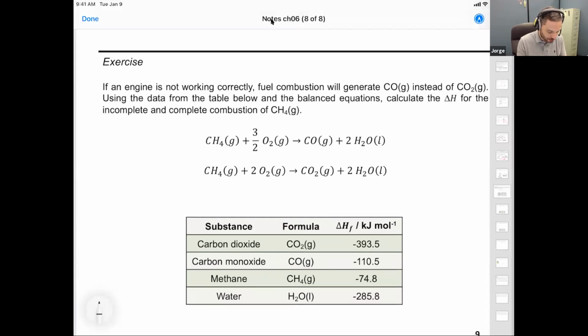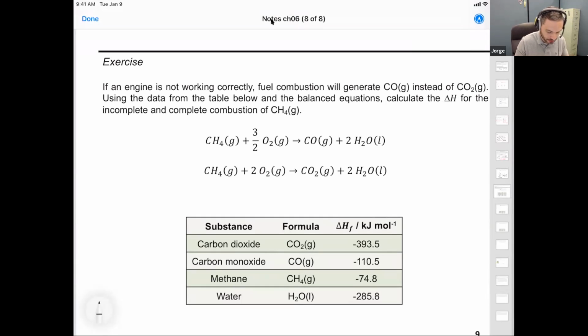If an engine is not working correctly, fuel combustion will generate carbon monoxide instead of carbon dioxide. Using the data from the table below and the balanced equations, calculate the delta H for the incomplete and complete combustion of methane. So the first reaction shows the incomplete combustion.